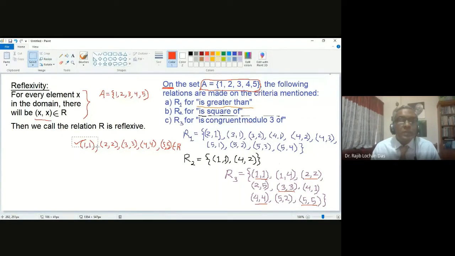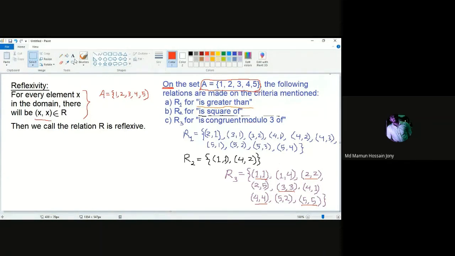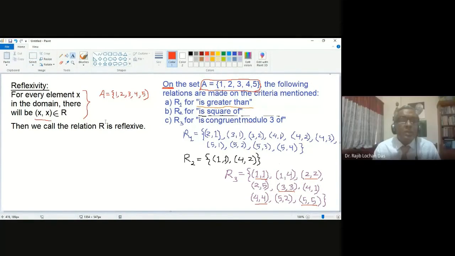Now let me tell you quickly about the symmetric property. Yes, R3 is reflexive just because all the elements are present here, right? Yes, every pair like 1, 1, 2, 2, 3, 3, 4, 4, 5, 5.